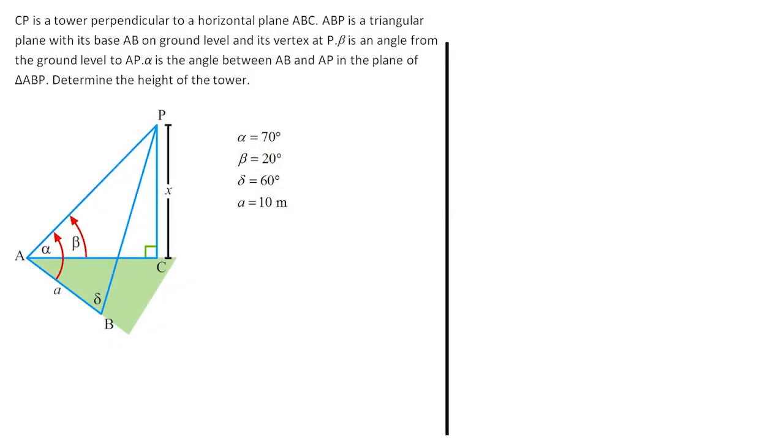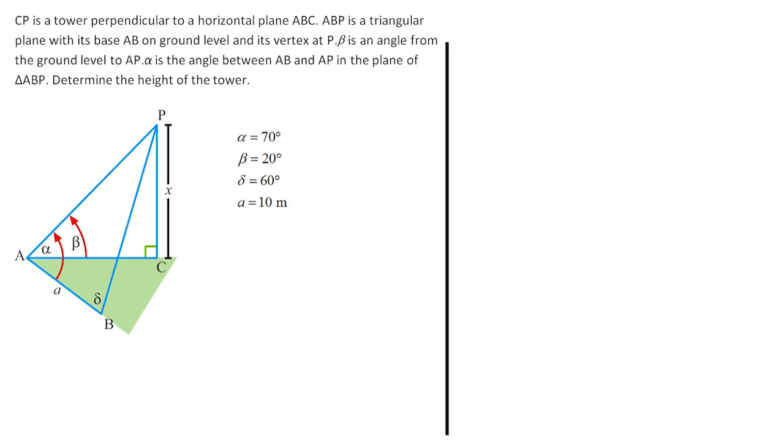CP is a tower perpendicular to a horizontal plane ABC. ABP is a triangular plane with its base AB on ground level and its vertex at P. Beta is an angle from the ground level to AP.